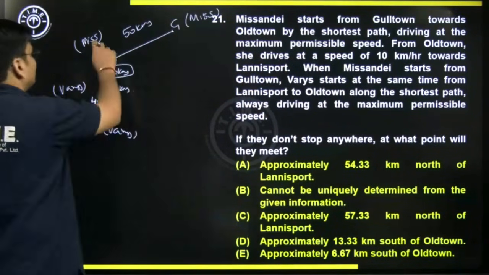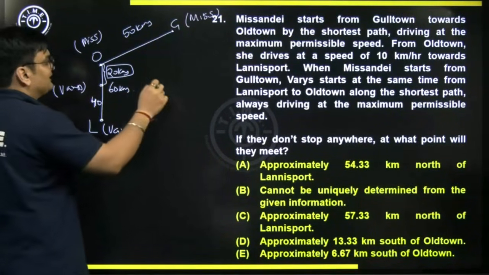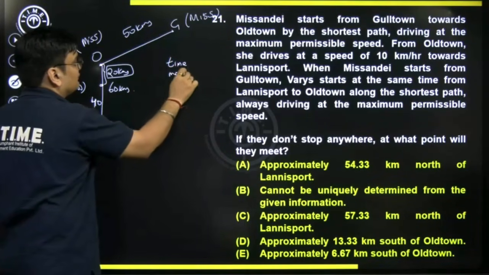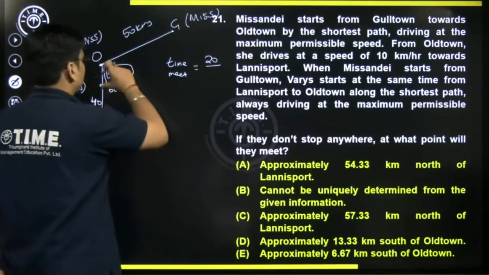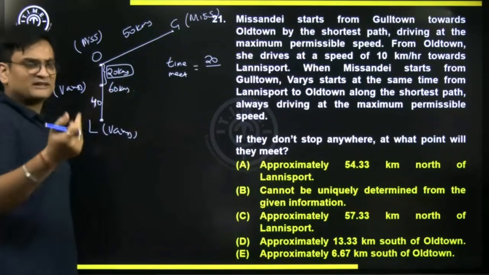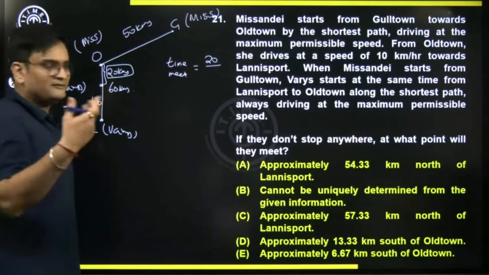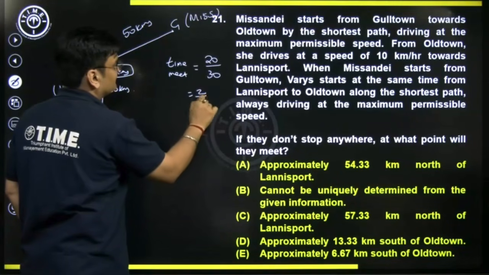So, she is driving at 10 and this person is still travelling at 20. Now, if I apply relative speed concept, so time for them to meet will be nothing but the distance between them divided by the relative speed, which is the sum of the speeds, because they are moving in opposite directions. Missandei will be travelling at 10 and Varys will be travelling at 20. So, 20 and 10 will be 30. So, 2/3 of an hour.